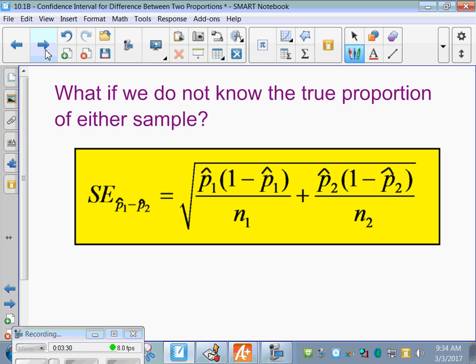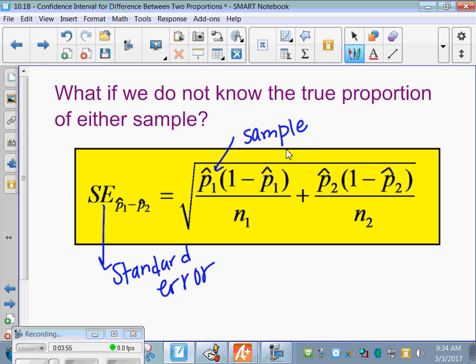So we will use what's called the standard error instead of the standard deviation. So that's terminology you want to understand, right? Because sometimes they say just find the standard error. So just think standard deviation still, except we don't know the true p, we only know the sample p's. So this is the standard error for p1 hat minus p2 hat when we don't know the true p.